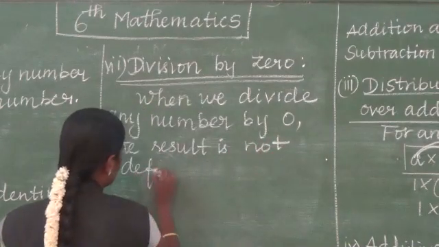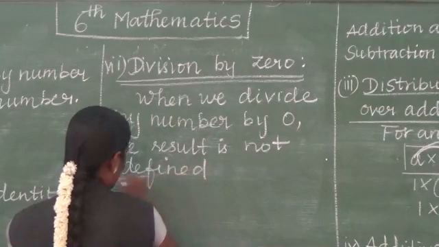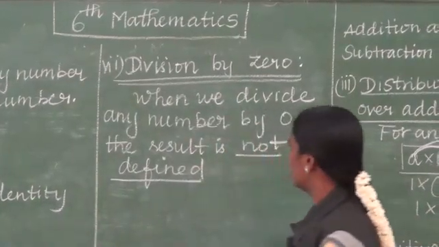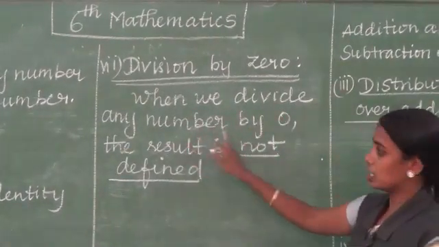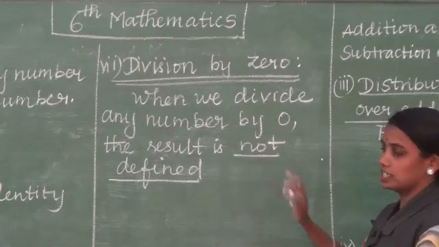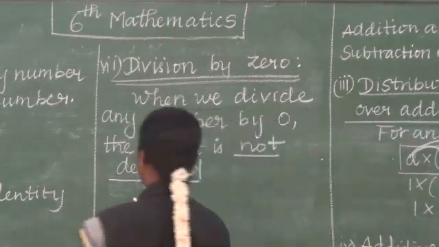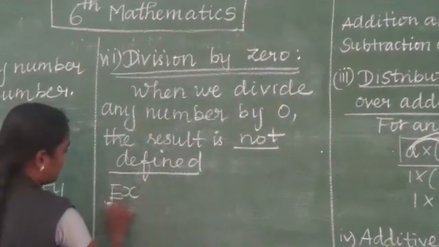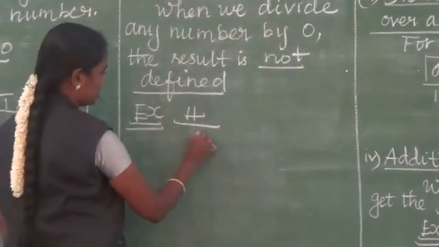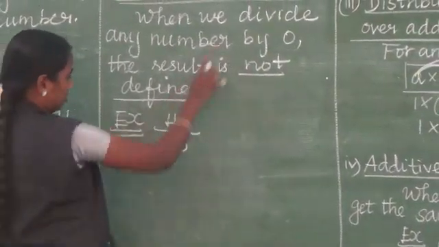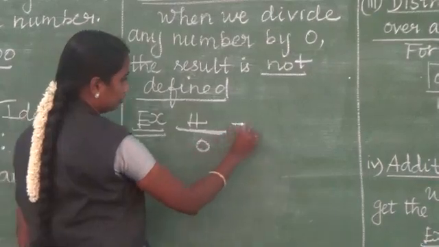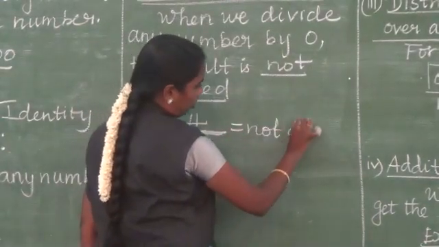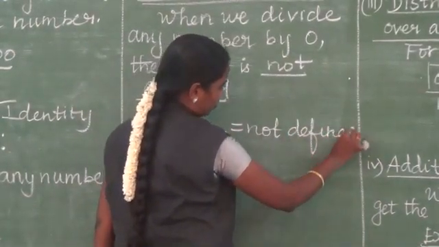It's very important, 1 mark. When we divide any number by 0, the result is not defined. Example, 4 by 0. 4 is any number. I divided by 0. So the answer is not defined.